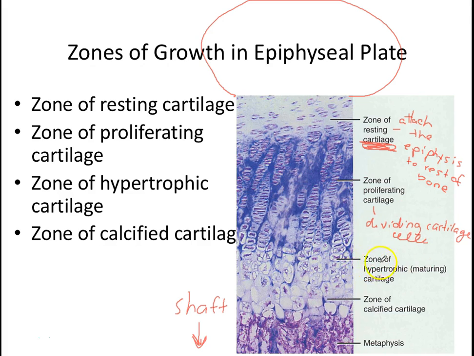Underneath that is another area of cells, or layer of cells. These are maturing cells, so these are no longer dividing. Okay, so they're just maturing. And then underneath that, we have the zone of calcified cartilage. So this cartilage is starting to turn into bone. Okay, so here it's starting to turn into bone.